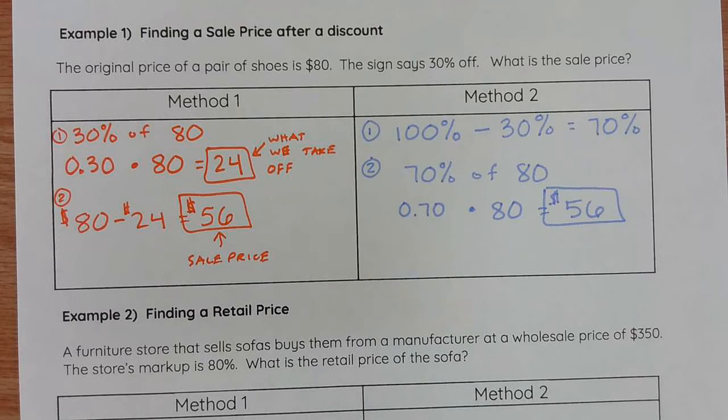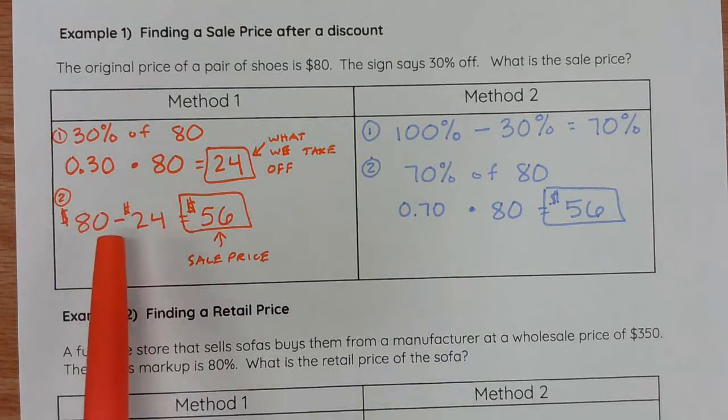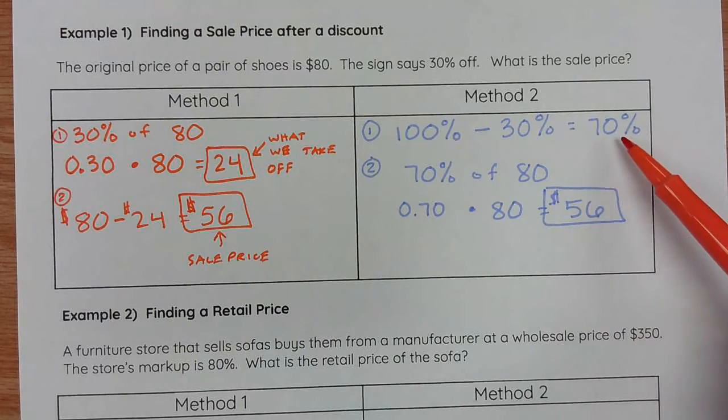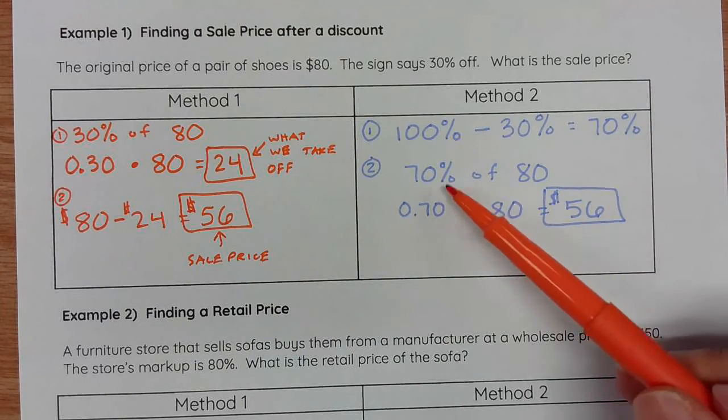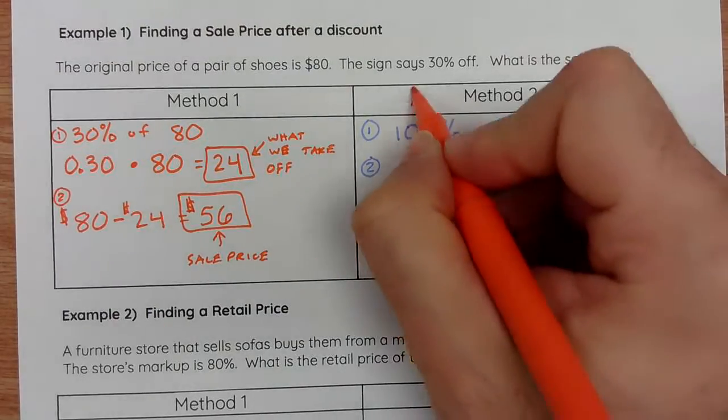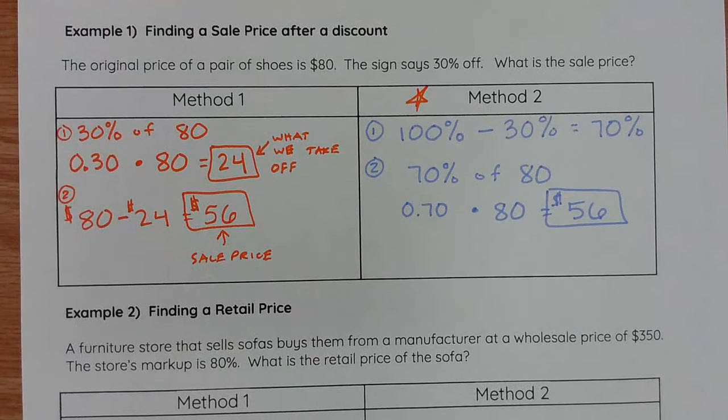It's more basic than these calculations we have to do here, which are sometimes easier, but can be a little more distracting in keeping track of values. Whereas 100 minus a value, we can do mentally. And then we can multiply to find our final. So I prefer method 2. That's the way that I'm going to continue to do these types of problems in the future.